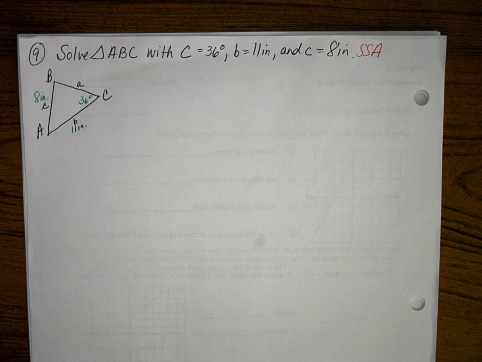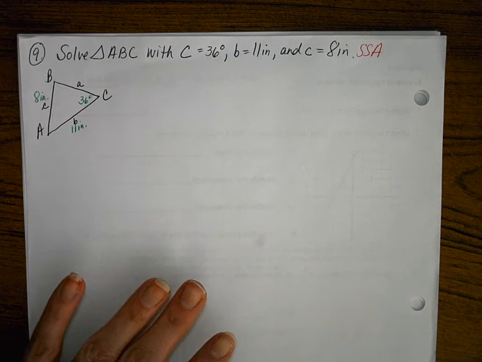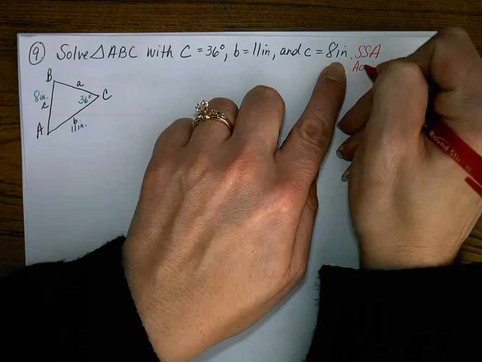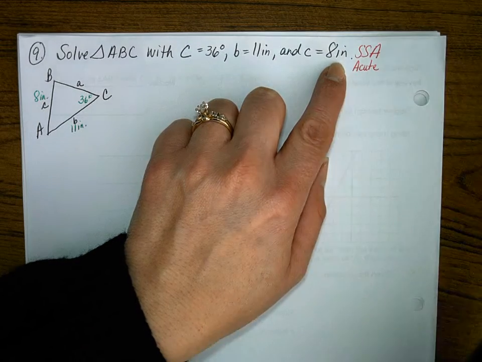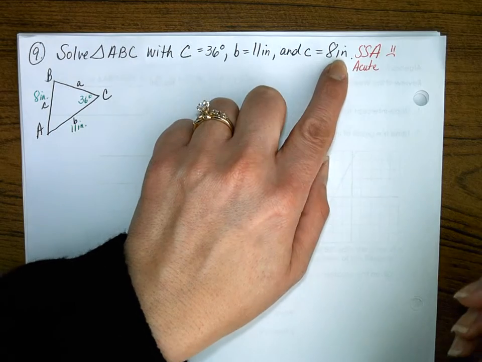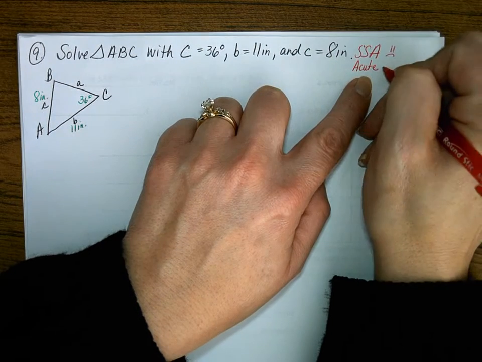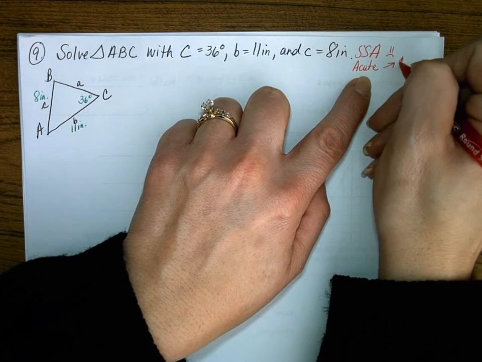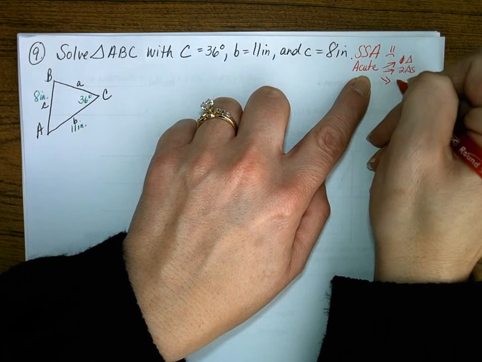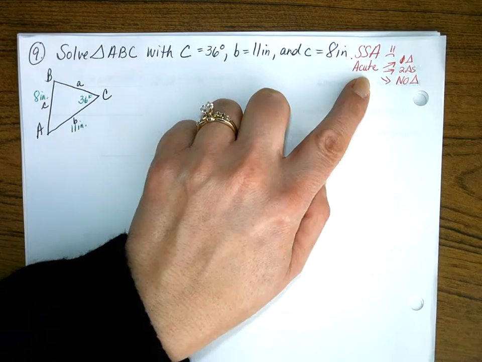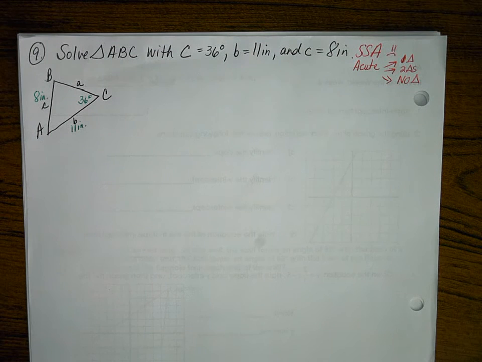We have an angle that's 36, an acute angle. That's a double bad, because when it's acute, we might have one triangle, two triangles, or no triangle. This is the thinker.